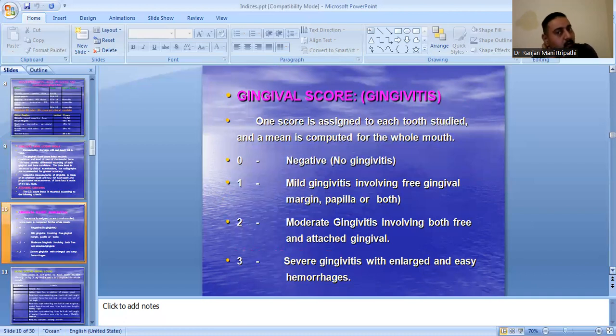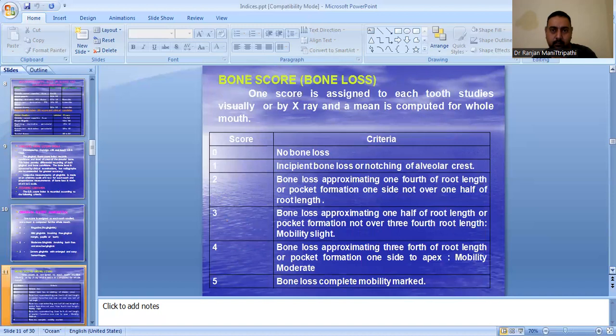For the gingival score, one score is assigned to each tooth studied and a mean is computed for the whole mouth. 0 is negative or no gingivitis, and 1 is mild gingivitis involving the free gingival margin, papilla or both. Then 2 is moderate gingivitis involving both free and attached gingiva. 3 is severe gingivitis with large and easy hemorrhages.